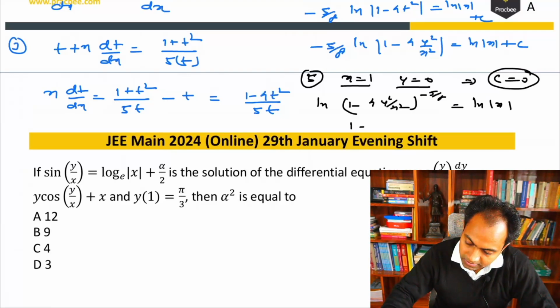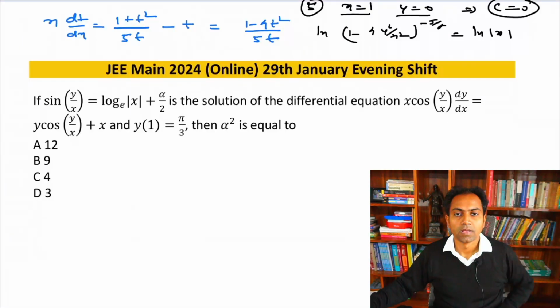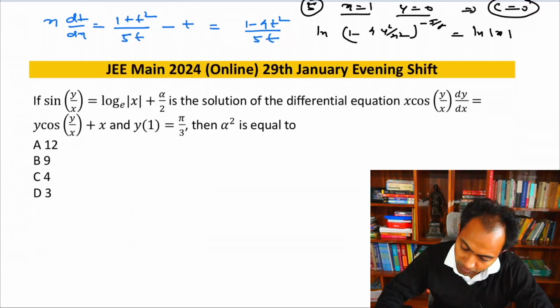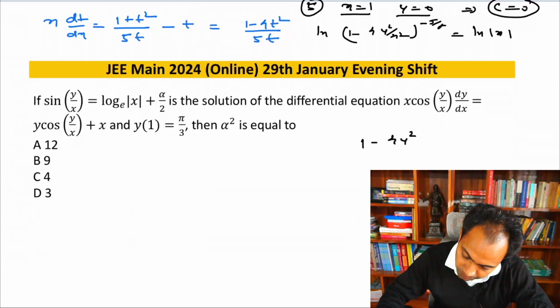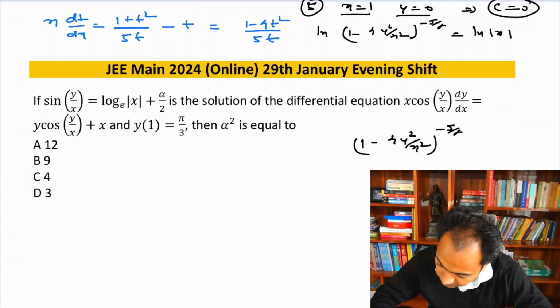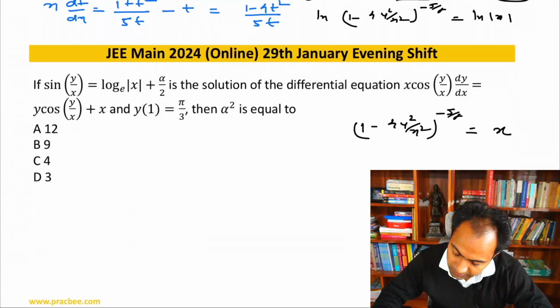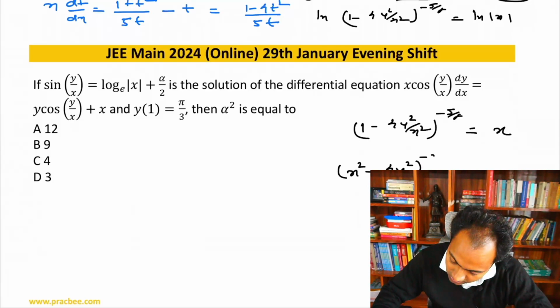Or I can write this as (1 minus 4 y square by x square) raised to the power minus 5 by 8 is equal to x. If I solve this further, now if I simplify this, this will become (x square minus 4y square) raised to the power minus 5 by 8, and x raised to the power minus 10 by 8.